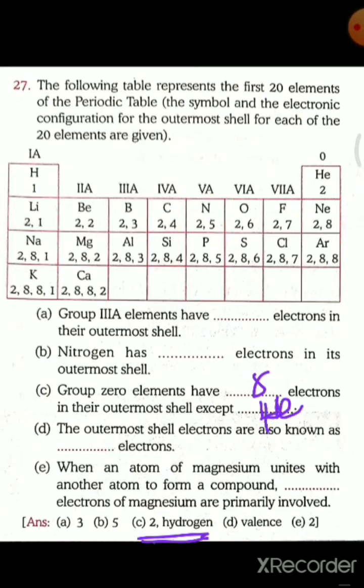Here it is given 2 and hydrogen, but hydrogen is not a 0 element. This answer is wrong. Then the outermost shell electrons are also known as valence electrons. When an atom of magnesium unites with another atom to form a compound, dash electrons of magnesium are primarily involved. That is, as they have the 2 valence electrons, so their 2 electrons are involved.